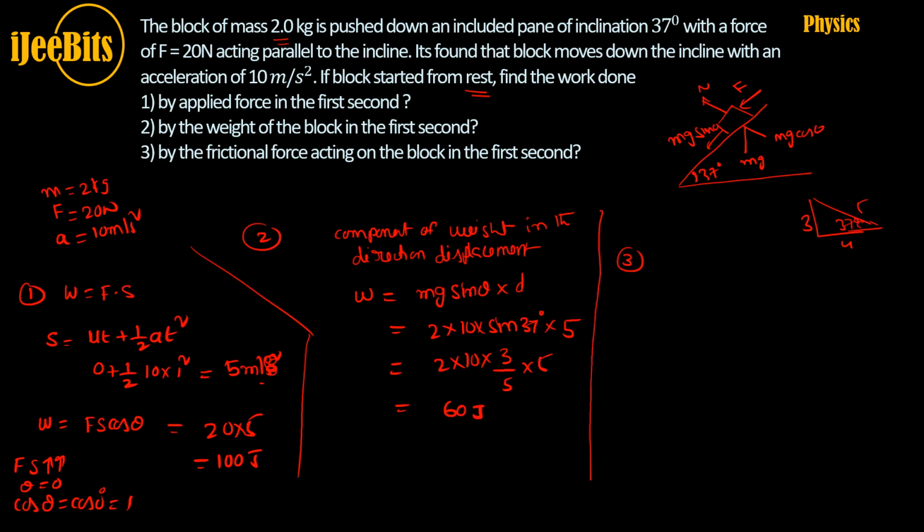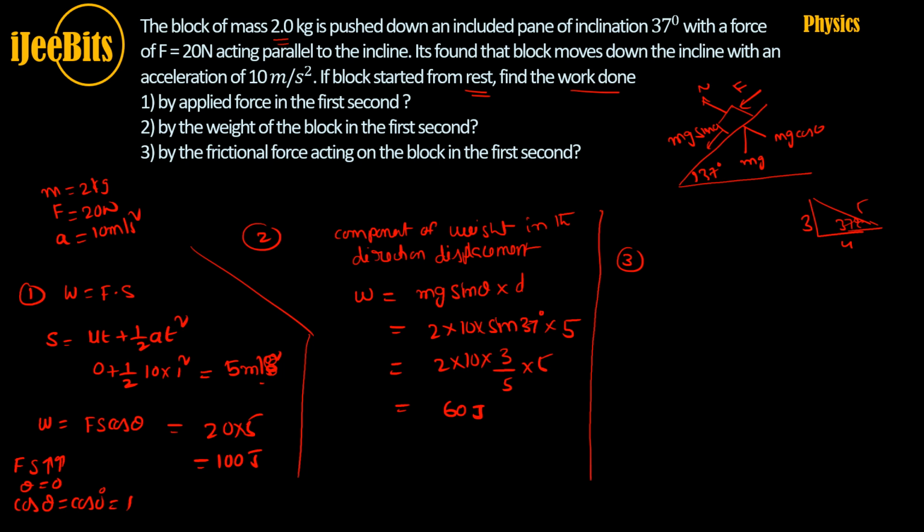What is the third? Work done by the frictional force acting on a block in the first second. Again, what you have to consider is the frictional force, right? So we need to calculate the frictional force acting on the block. How do you calculate this one? We have the applied force and a frictional force and a component also there.